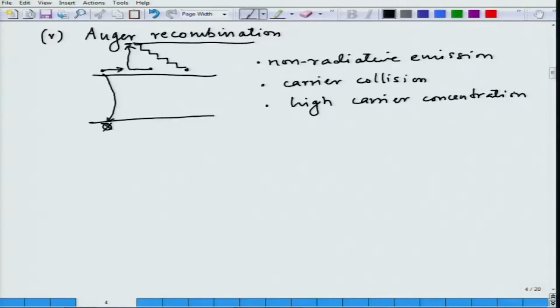So, in summary, what we have shown is, in addition to band transition, you can have recombination of carriers through various radiative or non-radiative mechanisms. First one being recombination via RG centers, which are impurity centers. Second one being recombination via shallow impurity levels.